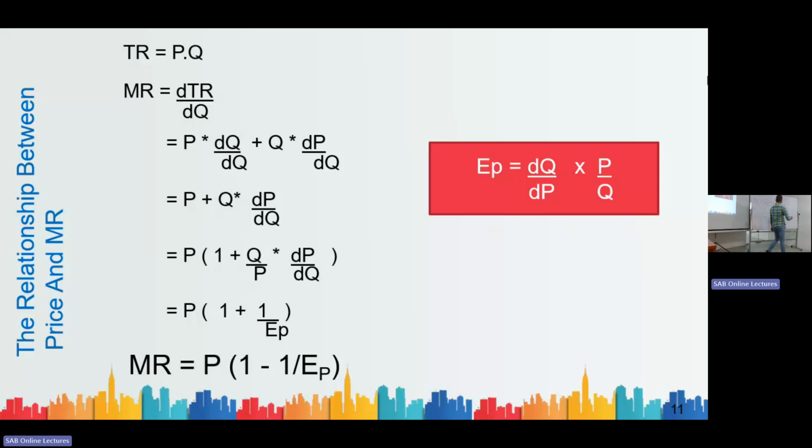How much is it? When price elasticity of demand is 1, that means demand is unit price elastic.